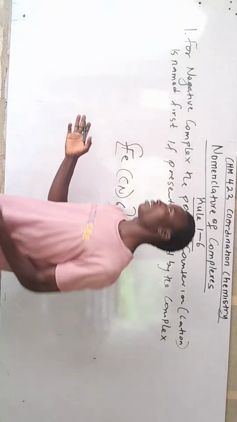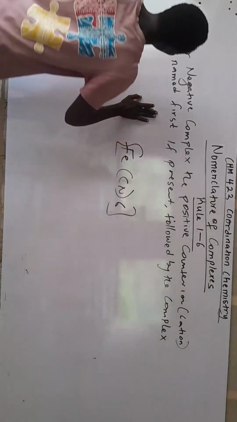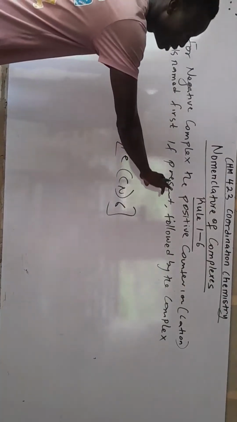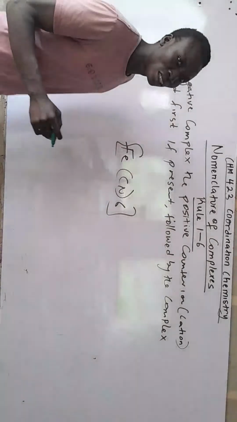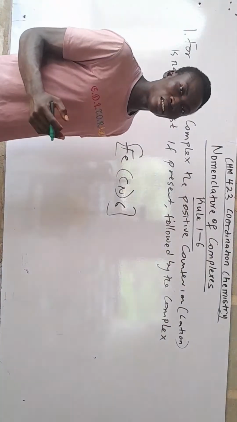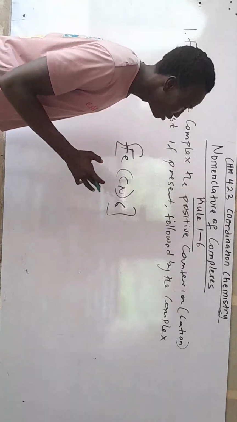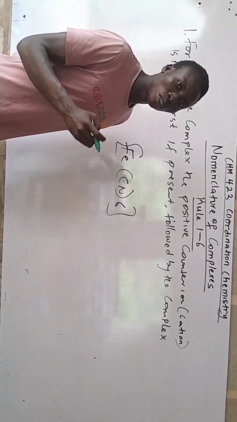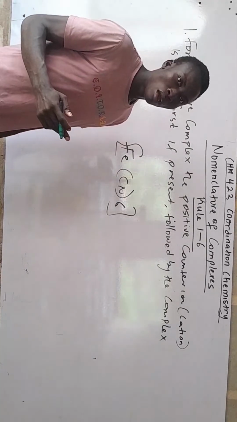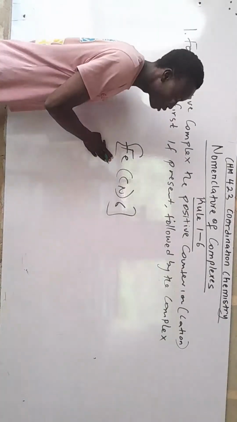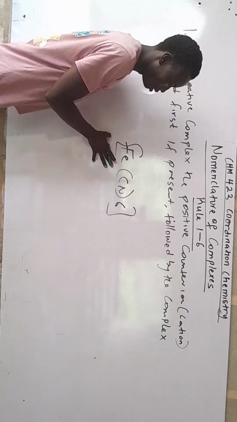So in this case, for the negative complex, the positive counter anion is named first, which simply means the cation, those metals that are present there, are named first. But the case of this one that we have here is quite different.